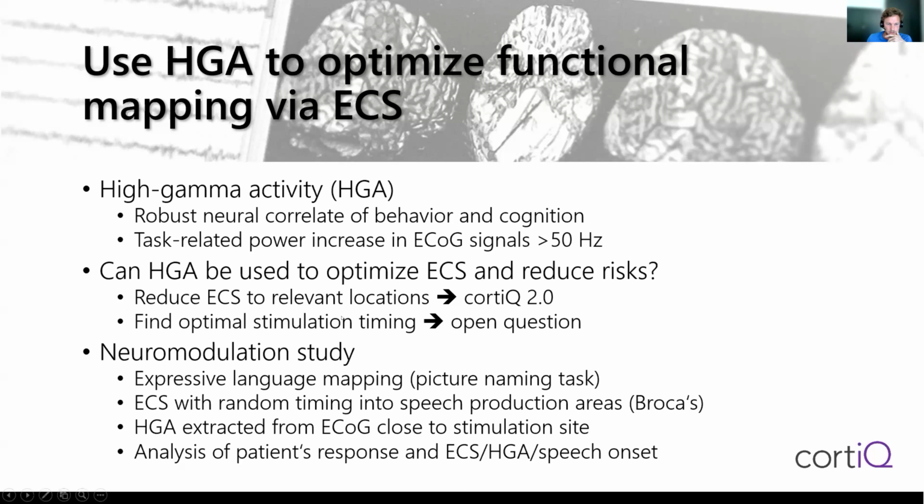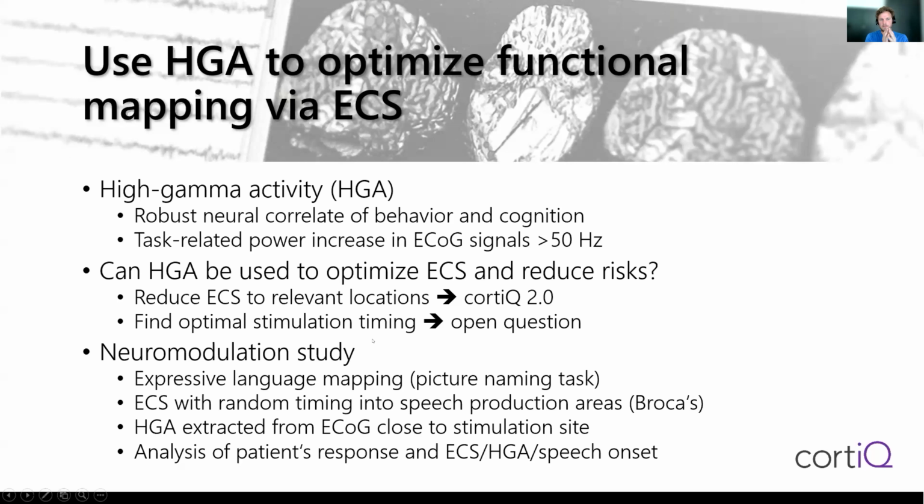But together with Dr. Kamada, we performed a neuromodulation study where we wanted to tackle this question. In this study, we had two patients doing an expressive language mapping task, a picture naming task.